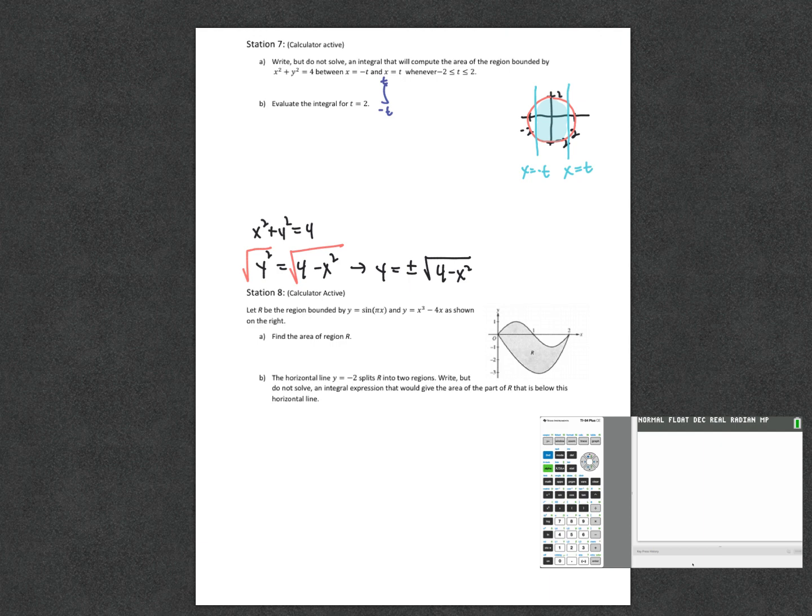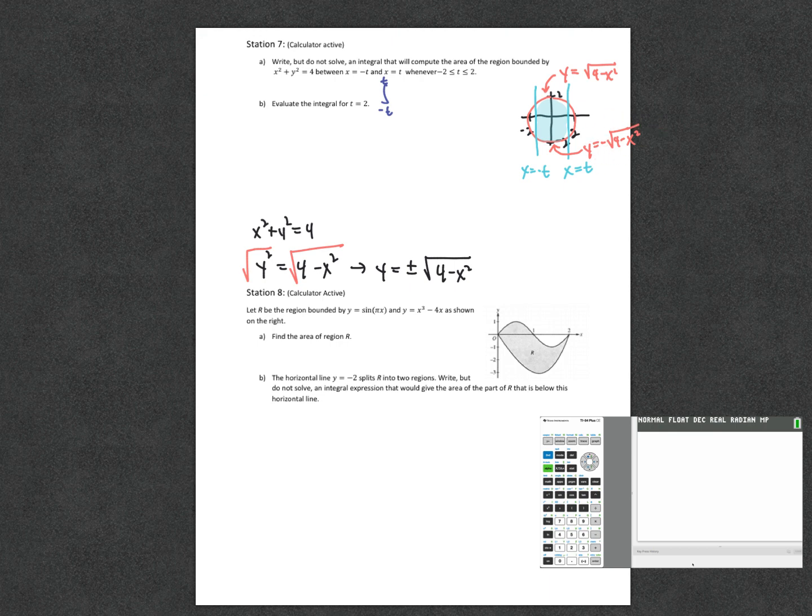We can see this top half here is y equals square root of 4 minus x squared. That's the positive one. And the bottom is y equals negative square root of 4 minus x squared. So the top half is the positive square root, and the bottom is the negative square root.